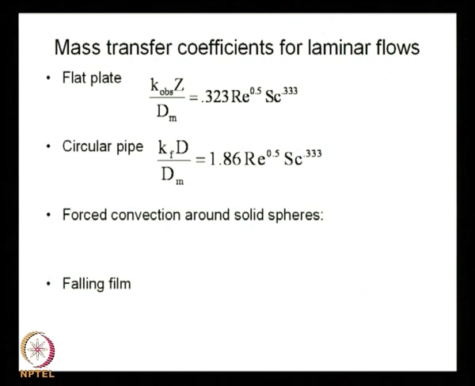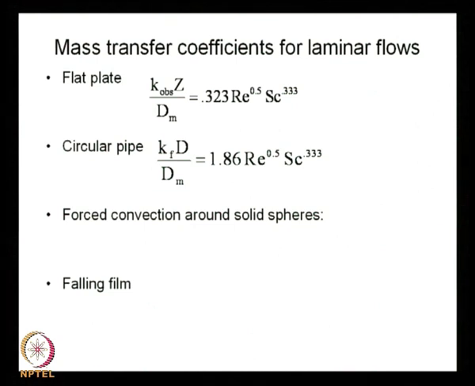The coefficient in the last one is like 0.3 and here it is 1.8, so it is like 6 times. One important similarity is that K observed Z over Dm or K observed d over Dm, whatever it is, the Sherwood number actually goes as Reynolds to the half and Schmidt to the 1/3.